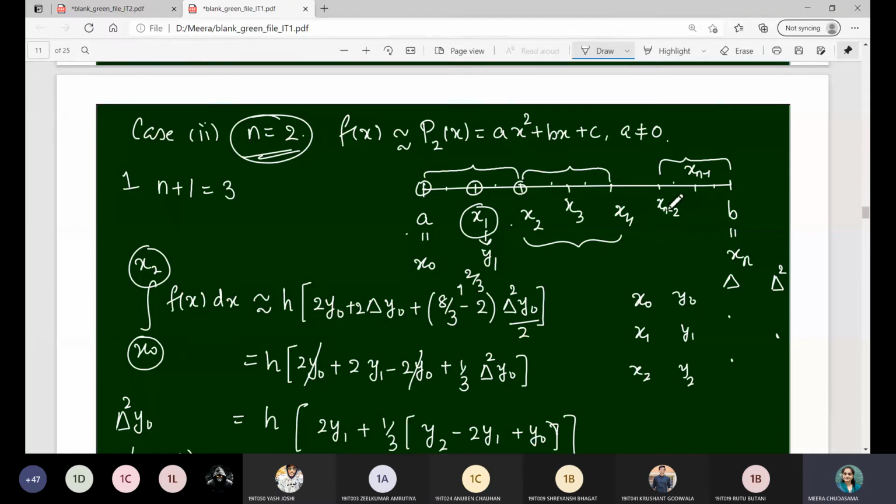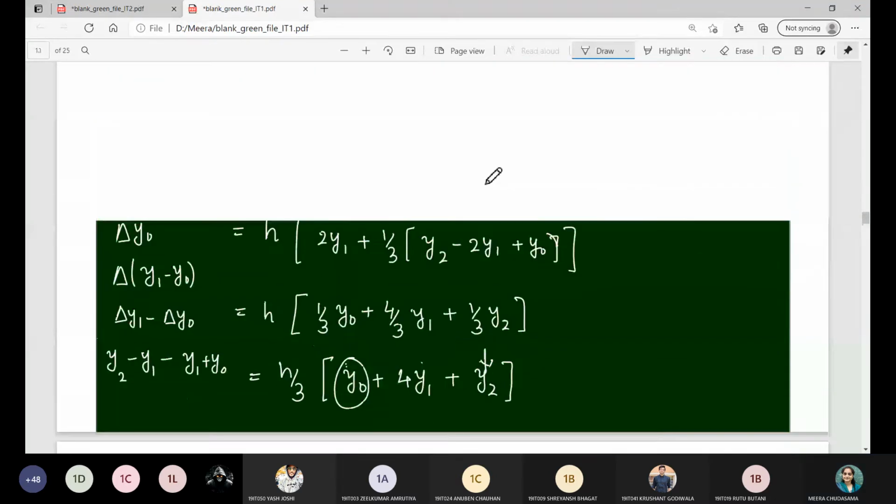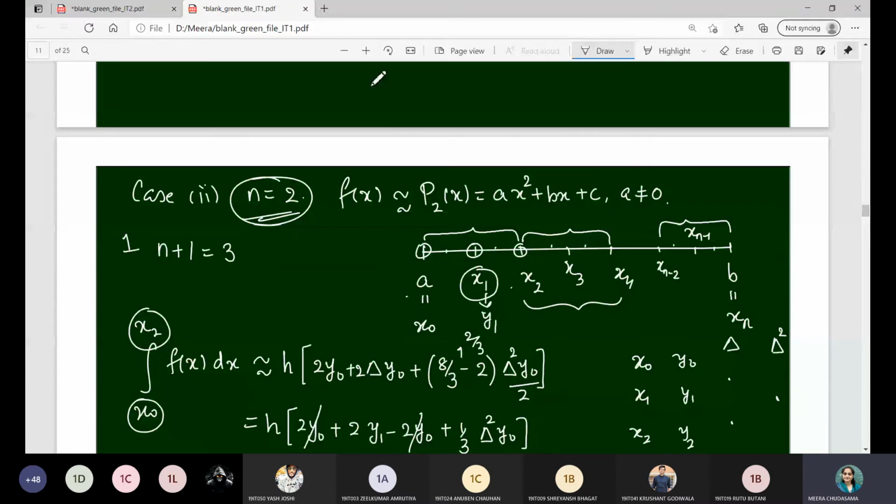So each time you want to apply Simpson's 1/3 rule, your number of subintervals has to be even in number. Why? Because from this you can see. Suppose I consider x0, x1, x2, suppose you are given the total number of data points as this one, okay?